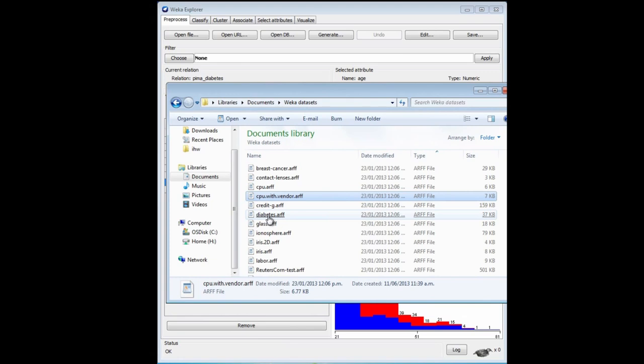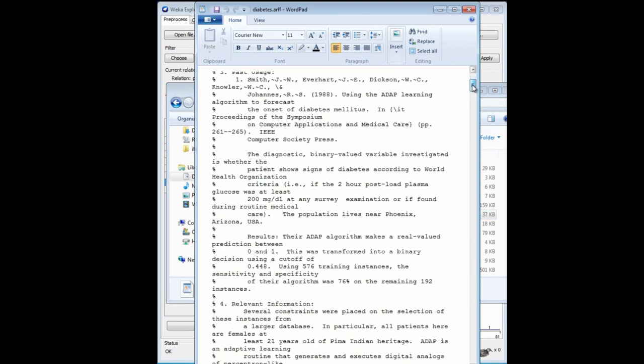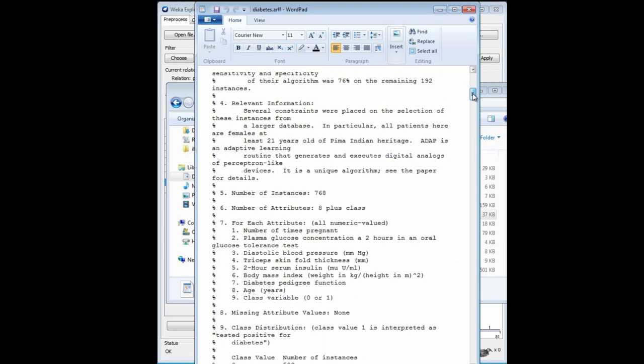Here is the diabetes data set, and you can see it's diabetes in Pima Indians. A lot of information here, the attributes, number of times pregnant, plasma glucose concentration, and so on, diabetes pedigree function.